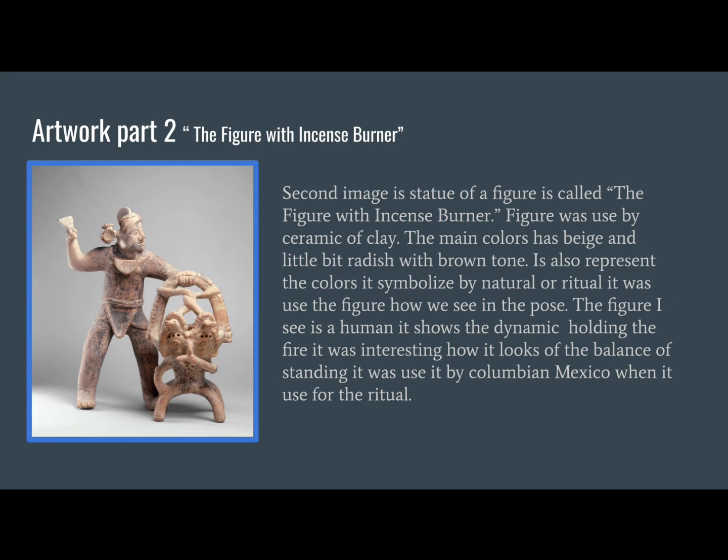The balanced standing was used by the Colima in Mexico for rituals. Basically, the man is performing ceremonies to start the rituals. It's like a show, and it's very interesting how they use performance, which has spiritual meaning. It helps you understand how ancient people in Mexico connected art to worship.